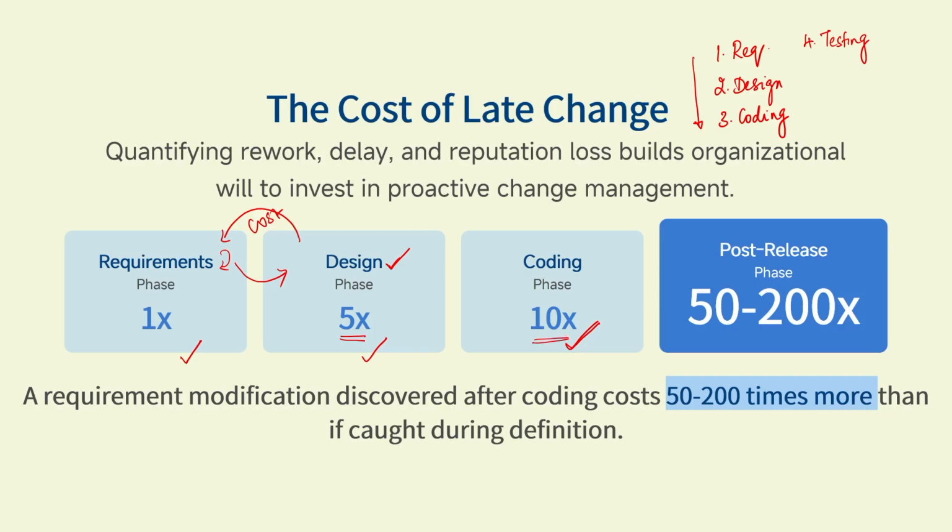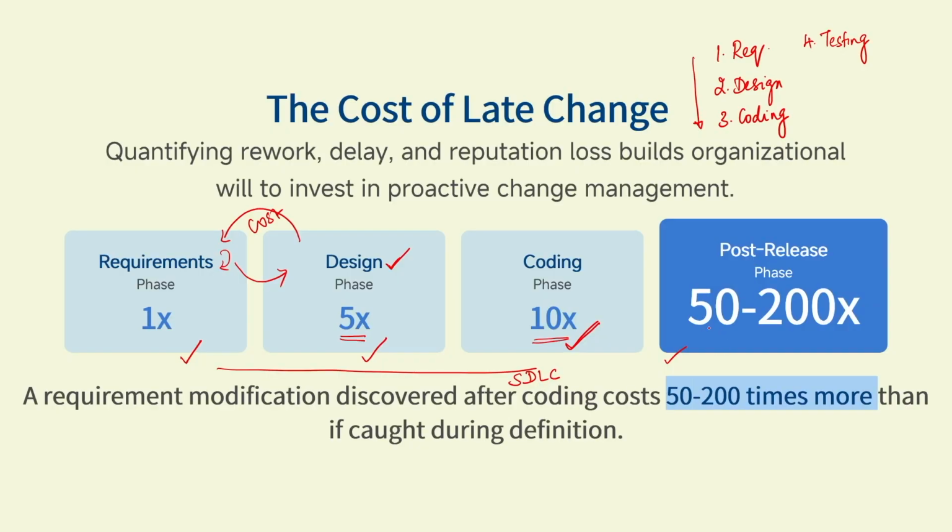Okay, so it is like when you are within the software development life cycle. All these first 3 are within your software development life cycle. But the final one, in this post release phase, is where you have done the entire project and delivered it to the customer.